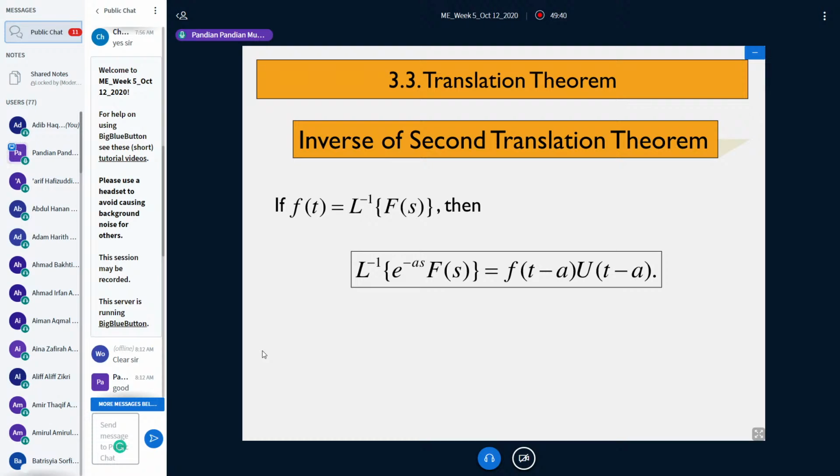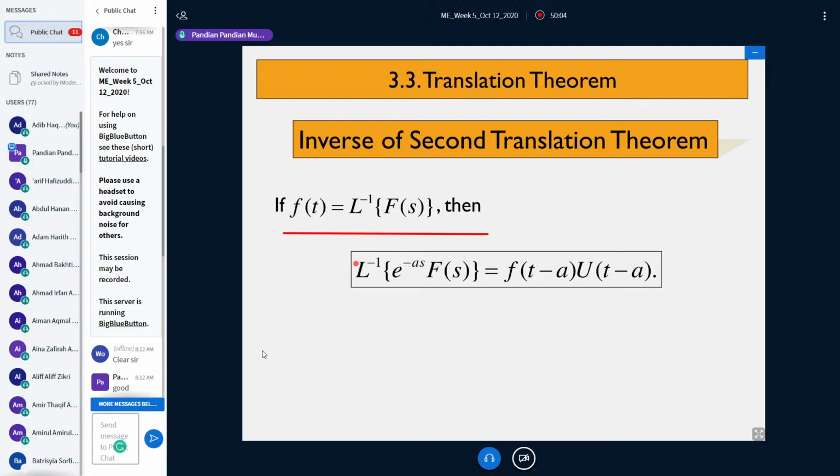So the next one is the important. This one is the inverse of the second translation theorem. For the second translation theorem, we use F(s) is Laplace of f(t), so f(t) is inverse Laplace of F(s). You all know this very well.